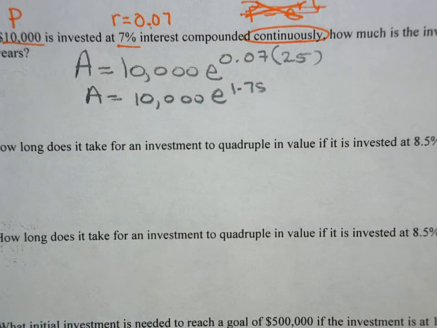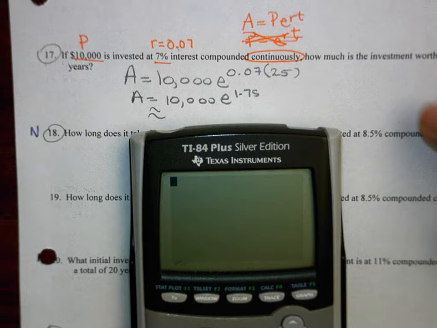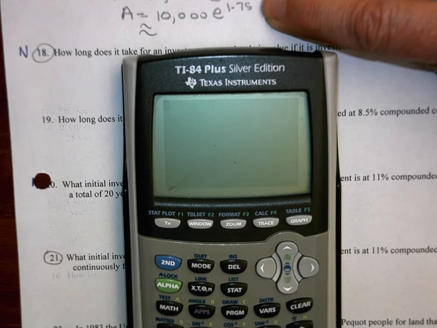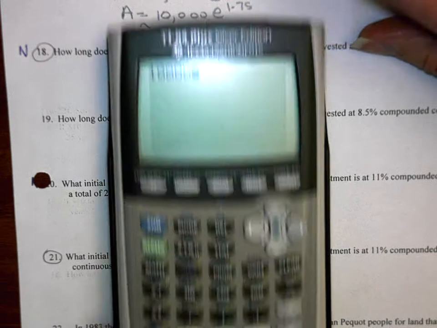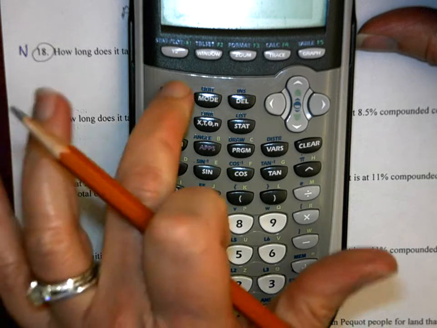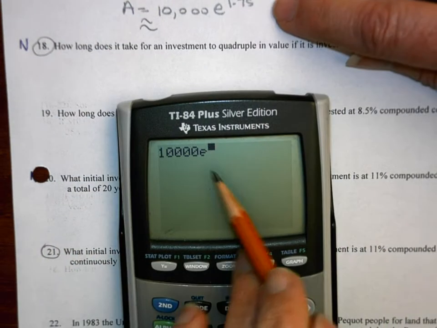And then I'm going to type that all into my calculator here. Let me zoom out one more time. So clear that out. When I type that in, I'm going to do the 10,000. And then my e, so my e is above my natural log. So if I look here, I have an e above my natural log. So I'm going to press that button by hitting second and then e. That gives me the little e right there.